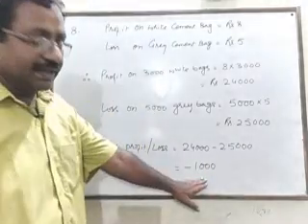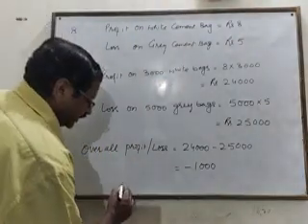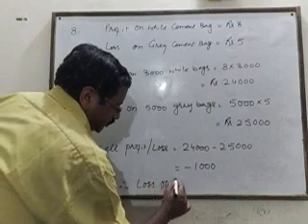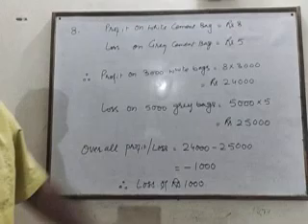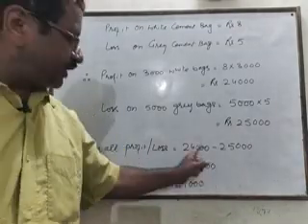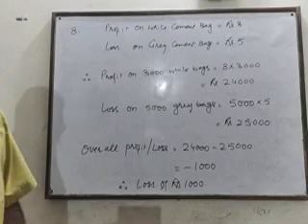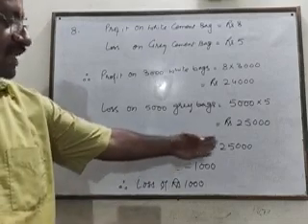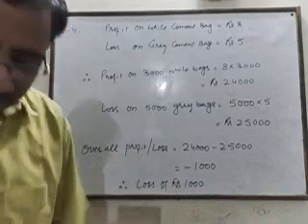It means we are getting loss because the number is coming in minus. Therefore, loss of rupees 1,000. If the number remains positive, it means our profit is more than the loss, so we are in profit. But here our profit is less than the loss, so overall we are in the loss.